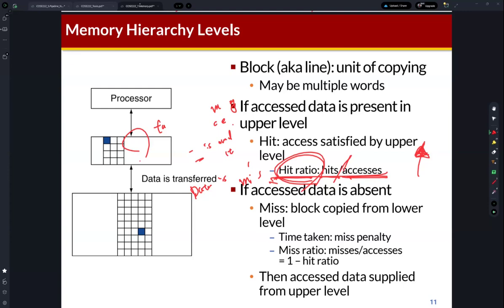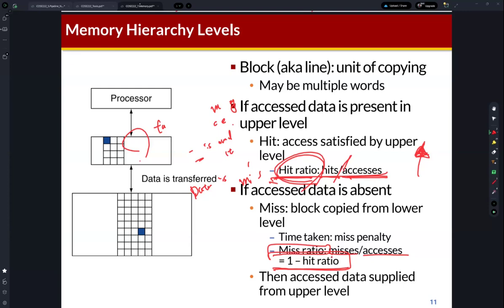Then we can also define the miss ratio: the number of misses divided by total accesses. Again, there are only two cases, a hit or a miss. So the miss ratio is 1 minus the hit ratio. Okay.